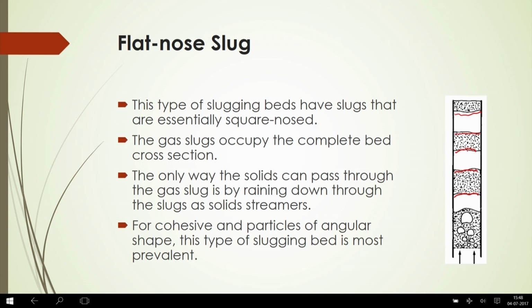And in this case you will see that these slugs occupy the total cross section of the bed, and the solids pass through the gas slugs by raining through the slugs as solid streams. Through or adjacent to the wall of the bed, the solids are moving downward here.